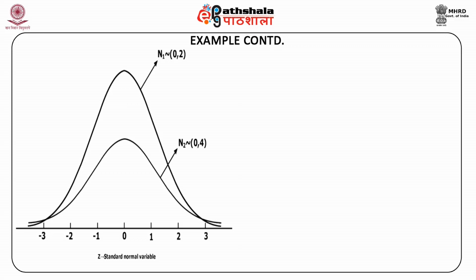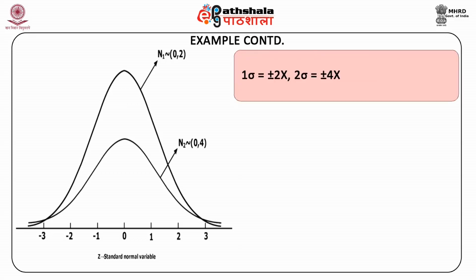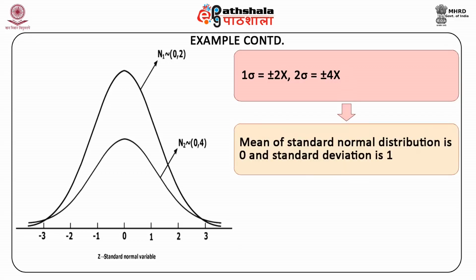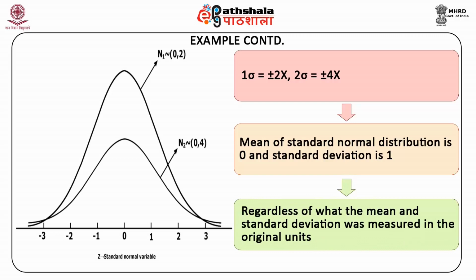In figure 1, sigma is equal to plus minus 2x, and therefore 2 sigma is equal to plus minus 4x. After the conversion process, the mean of standard normal distribution is 0 and the standard deviation is 1 always, regardless of what the mean and standard deviations were measured in the original units of the normal distributions. That is, z is equivalent to N 0, 1 always.